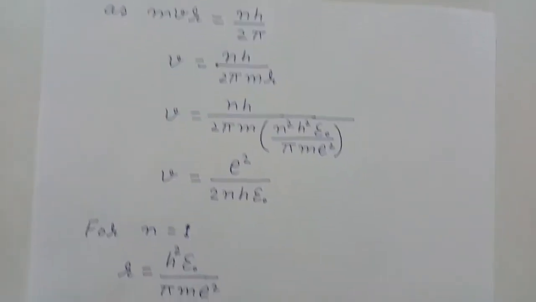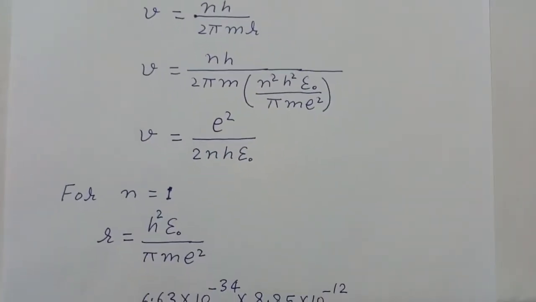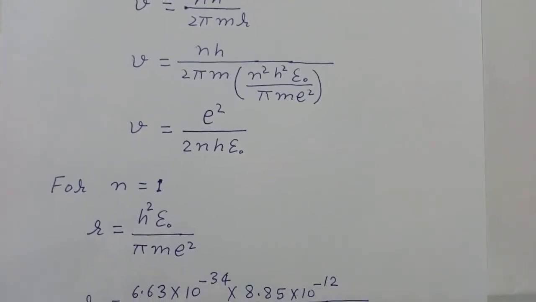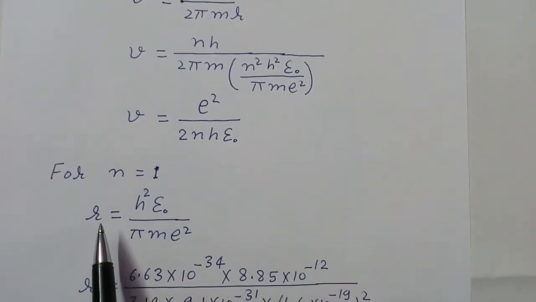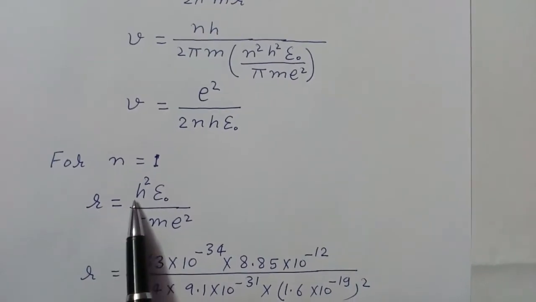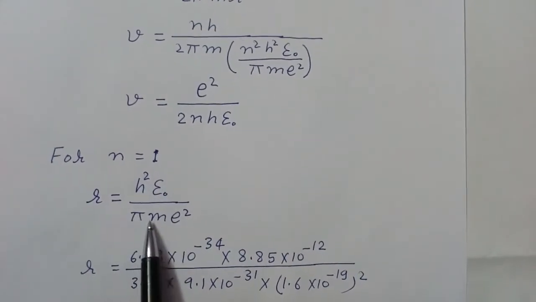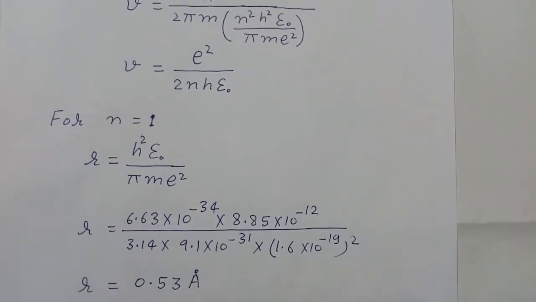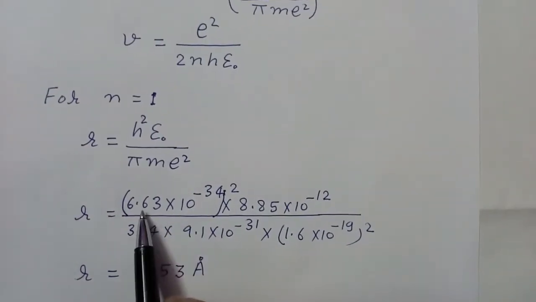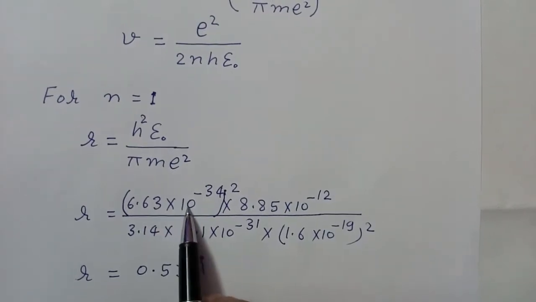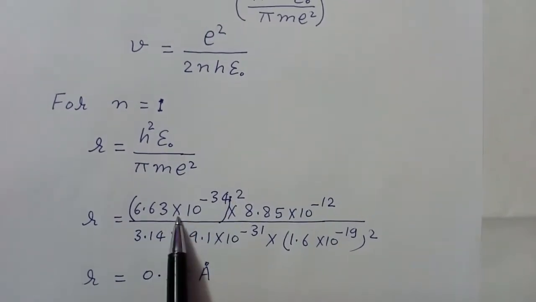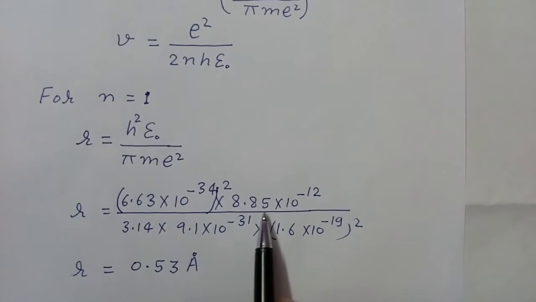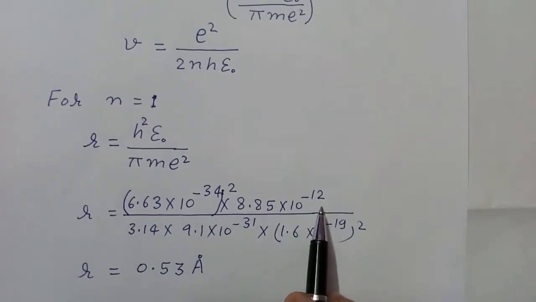Now for n is equal to 1, if the electron is revolving in the first orbit in hydrogen atom, then the radius of this orbit r is equal to h square epsilon naught upon pi m e square. h is Planck's constant, which is equal to 6.63 into 10 power minus 34; square this. Epsilon naught is equal to 8.85 into 10 power minus 12.